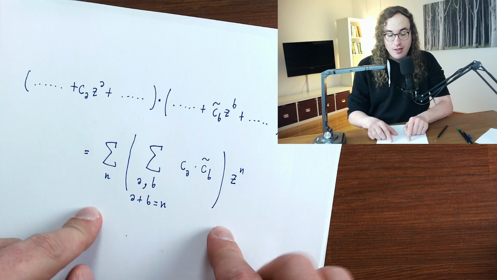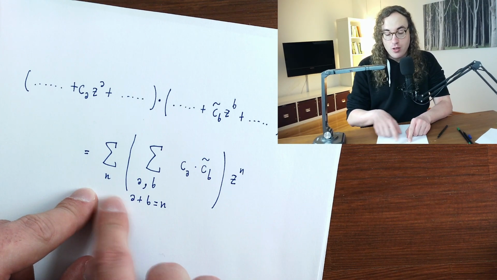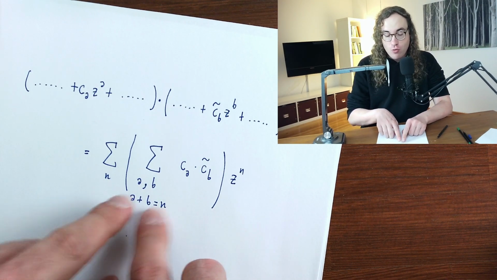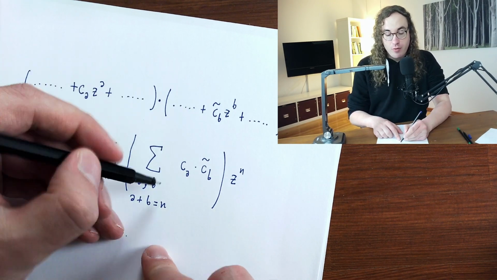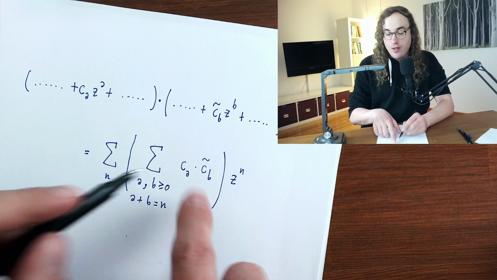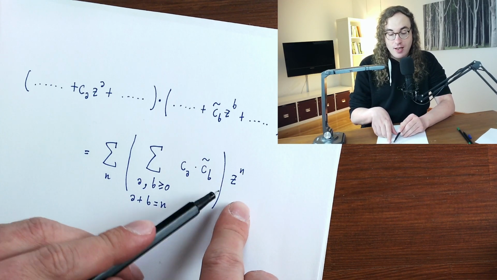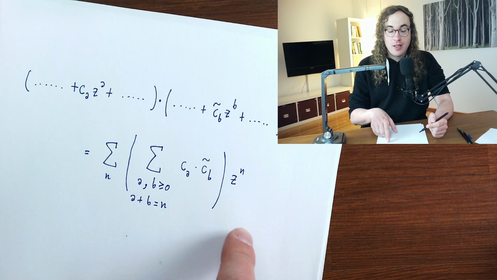And this exactly unravels this expression. So here I've expanded the resulting polynomial in n, and the coefficient will be just running through all pairs a, b, I could even write a, b at least 0, such that a plus b equals n, and then you multiply all the respective coefficients that you get up here. And this is exactly all the contributions you get for z to the n in here.